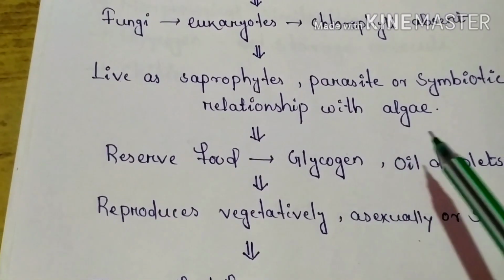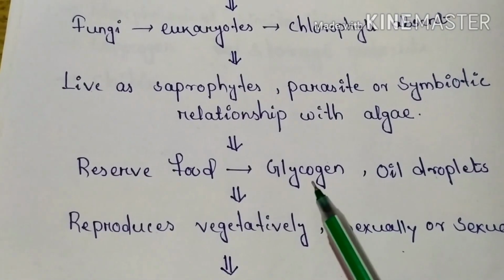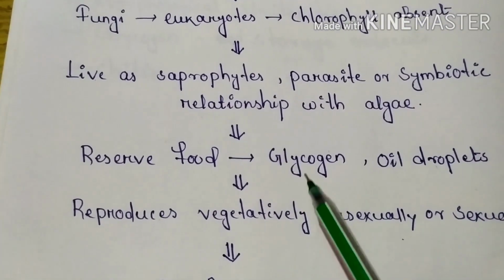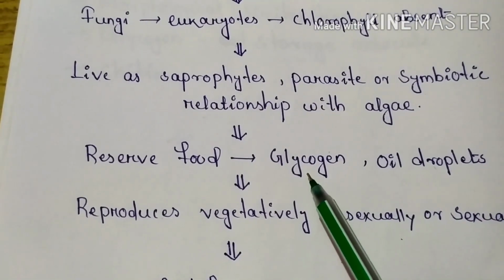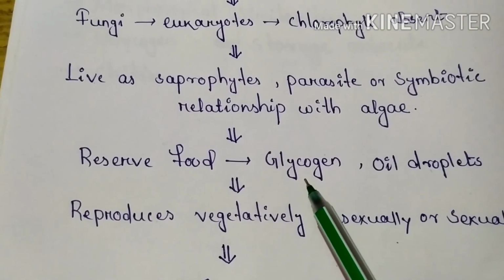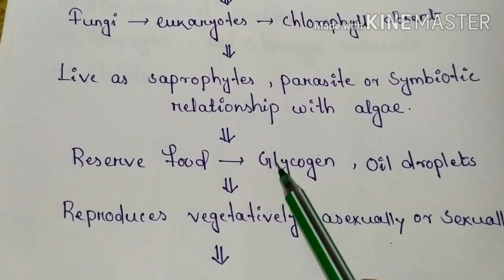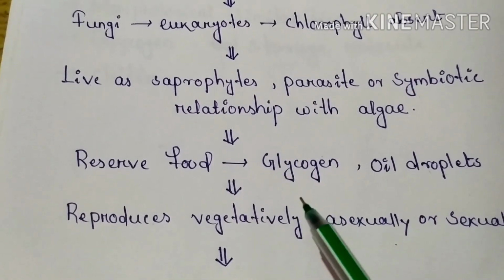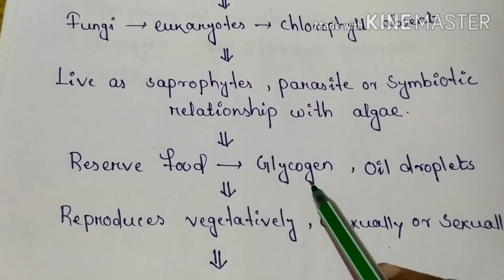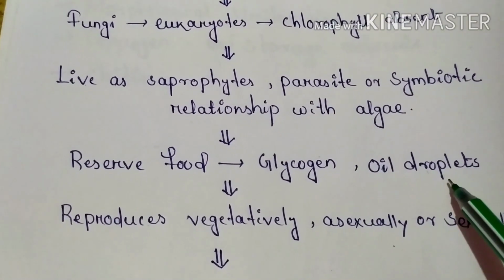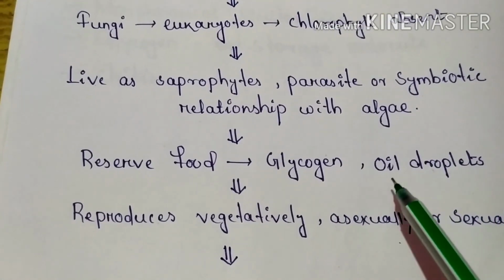The next point, the reserve food material of fungi. This is the most important question that may come as a short question in exam: the reserve food materials of fungi are glycogen and oil droplets. So we have to remember that.